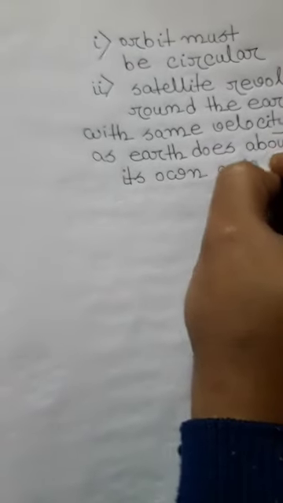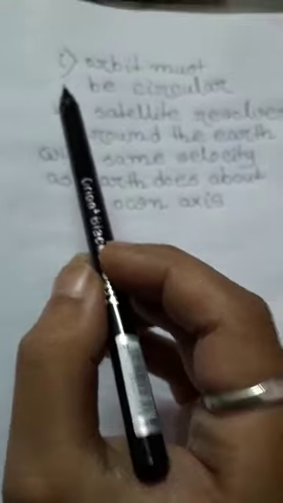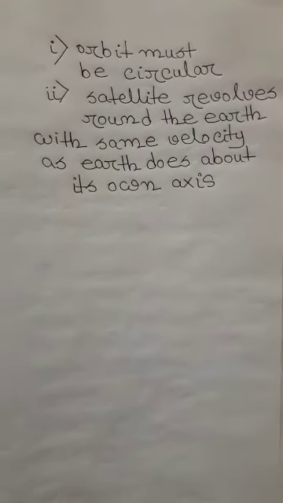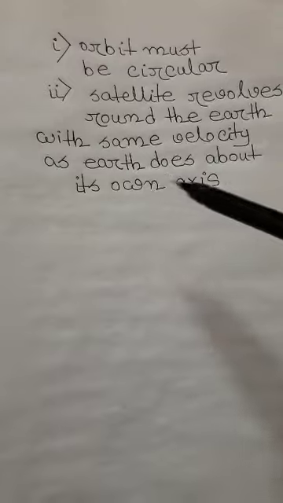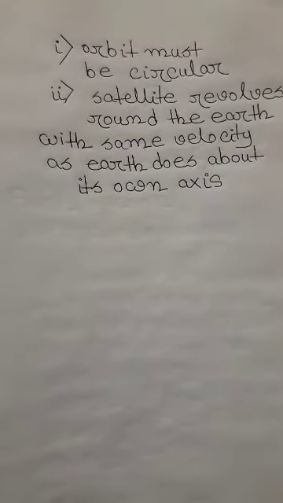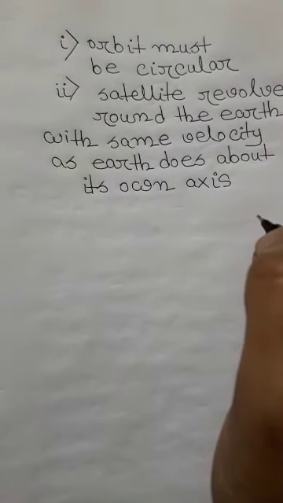So if an artificial satellite satisfies these two conditions, that is, the orbit is circular and the satellite revolves around the earth with same velocity as earth does about its own axis, then the corresponding artificial satellite is called a geostationary satellite.